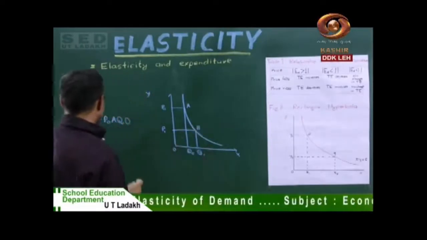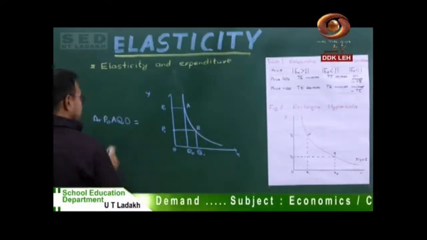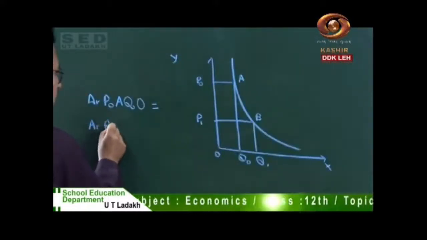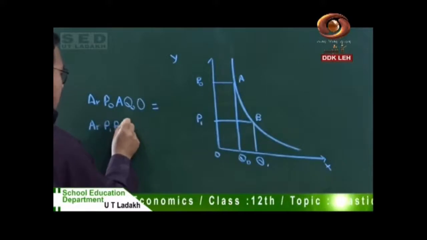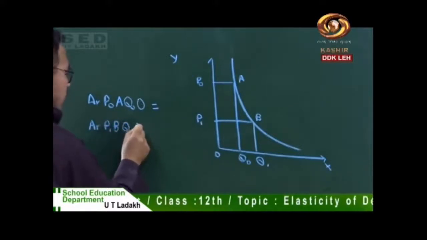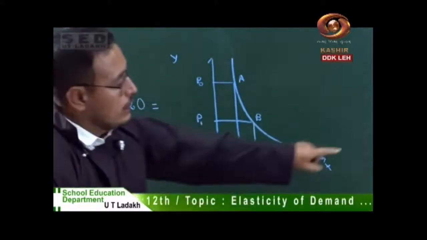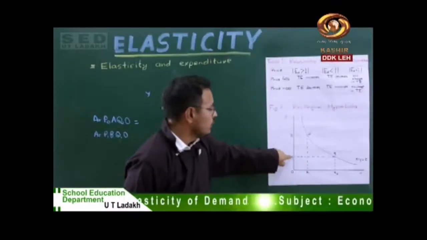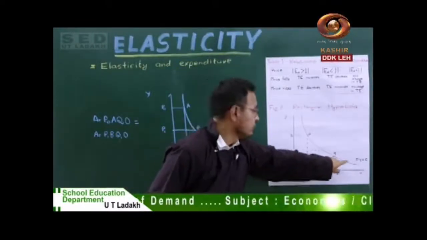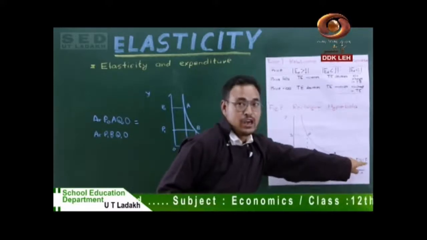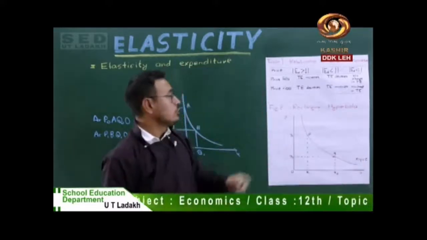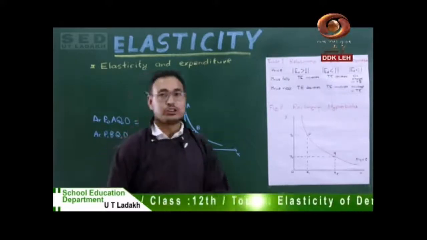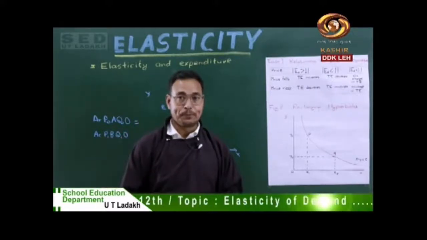Then it will have an equal area, or you can say area P1, B, Q1, O, the two will be equal. Here in this graph you can see this particular area will be equal to this particular area, since you have xy equal to c, which is always the same. So this is the case of the rectangular hyperbola, which has a constant total expenditure.